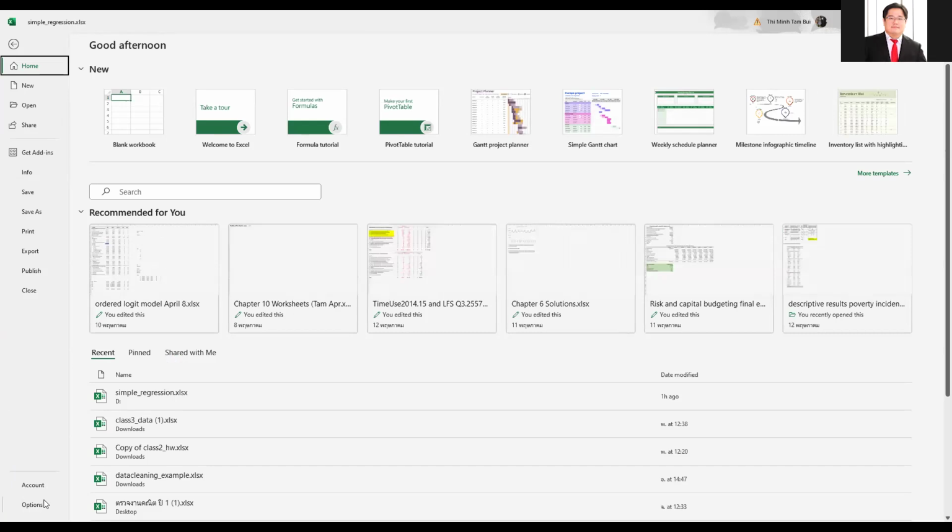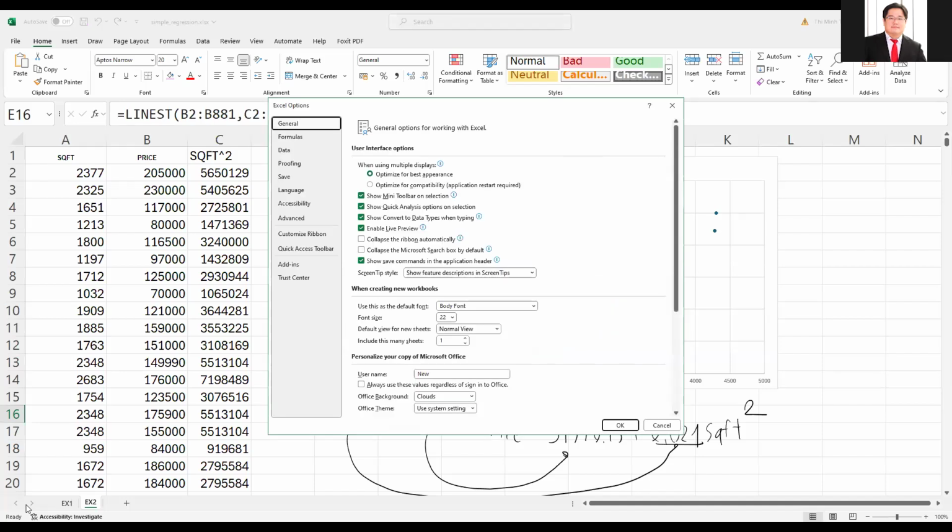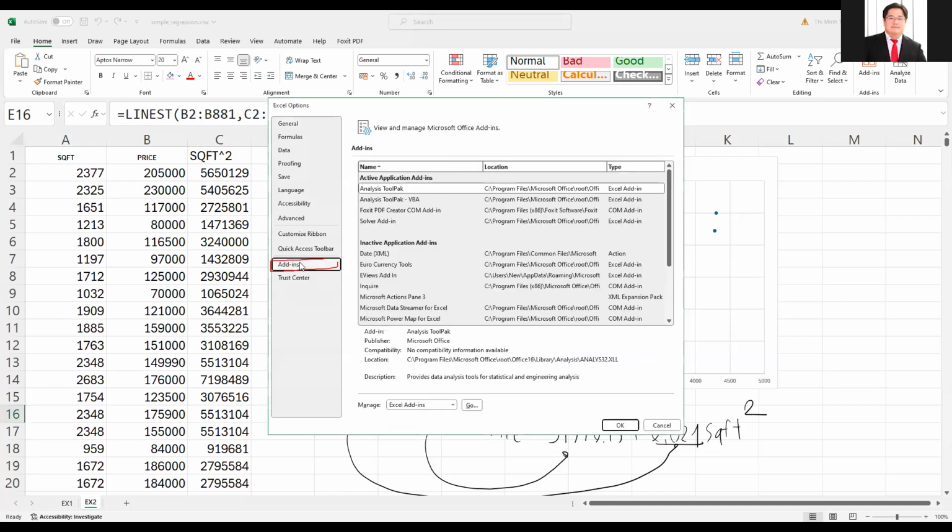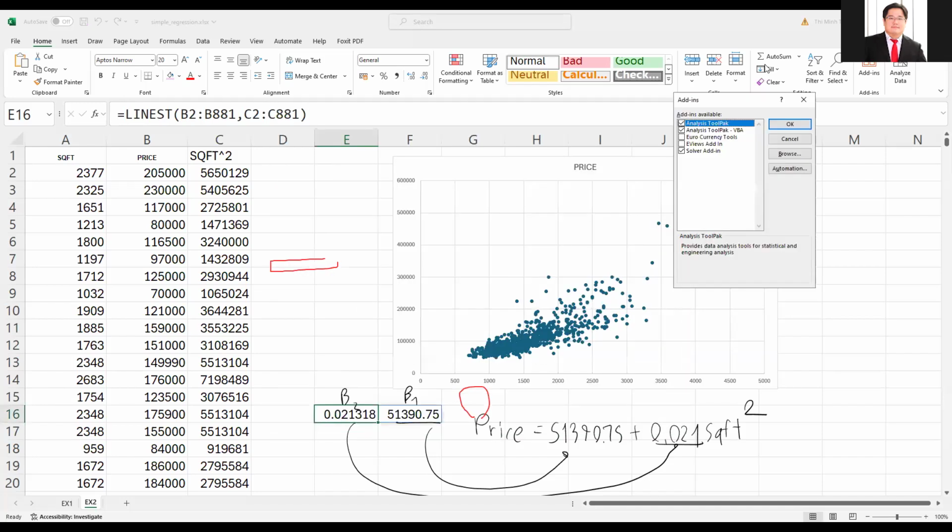In the Excel Options, go to Add-ins, and click Go. Please check Analysis ToolPak, then click OK.